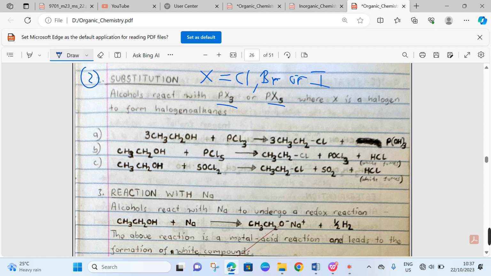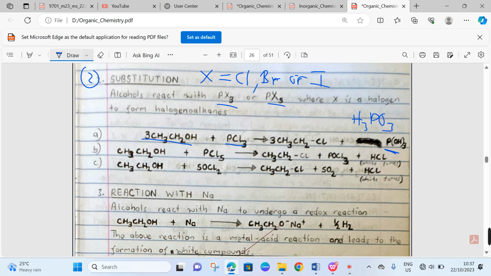In this reaction, they used chlorine as my X. Ethanol can react with PCl3 to produce 3 moles of chloroethane and H3PO3.